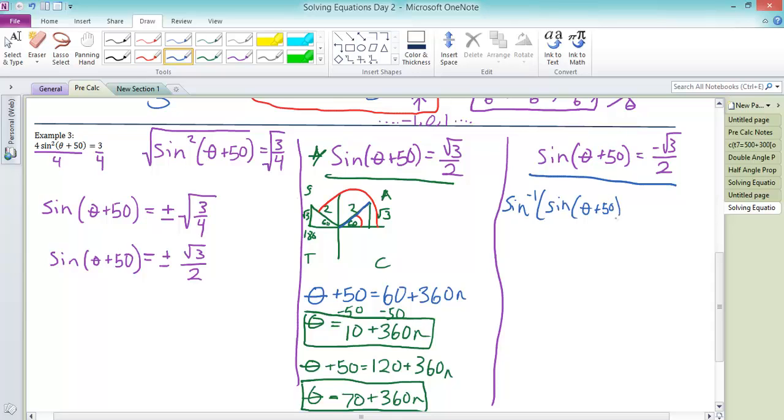So we have the arc sine of the sine of theta plus 50 is equal to the arc sine of negative root 3 over 2. So these arc sines cancel, and I'm left with theta plus 50 is equal to the arc sine of negative root 3 over 2.